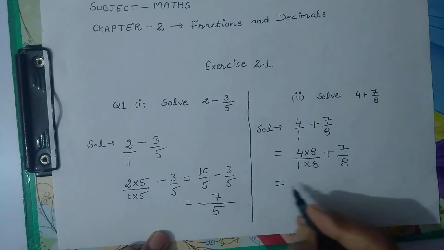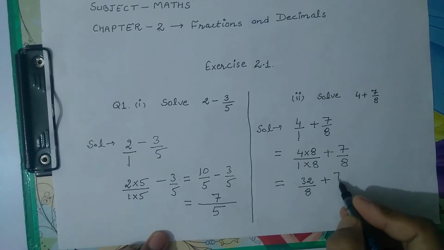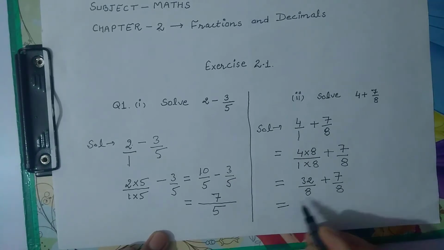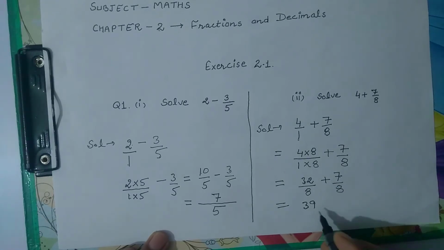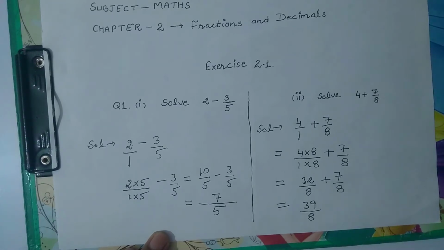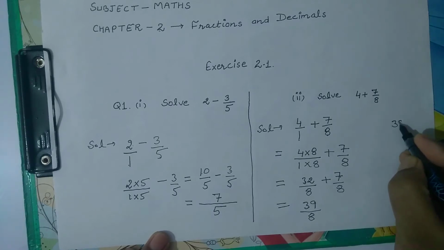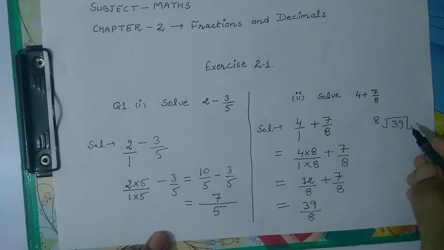Now we have 4 into 8, 32 upon 8 plus 7 upon 8. Final answer is 32 plus 7, 39 upon 8. My dear students, we can also divide 39 by 8.